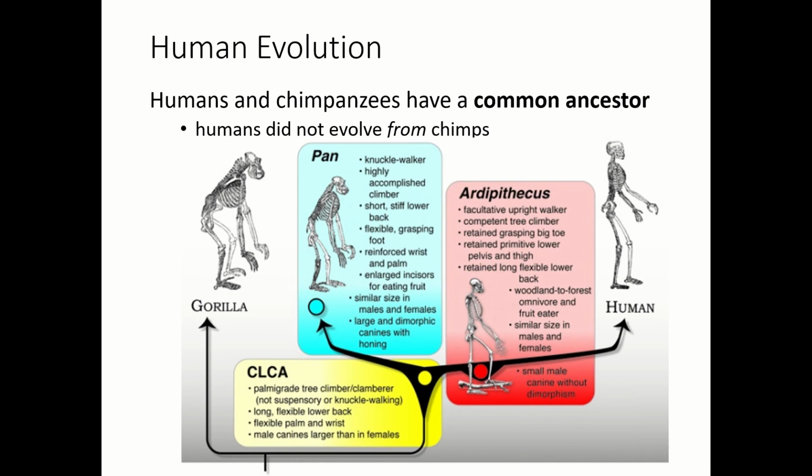And you can imagine that this would happen when, say, two groups were physically separated, and one started living more on the ground because they lived in more of a savanna environment, and the other lived more in the trees because they lived in more of a forest environment.